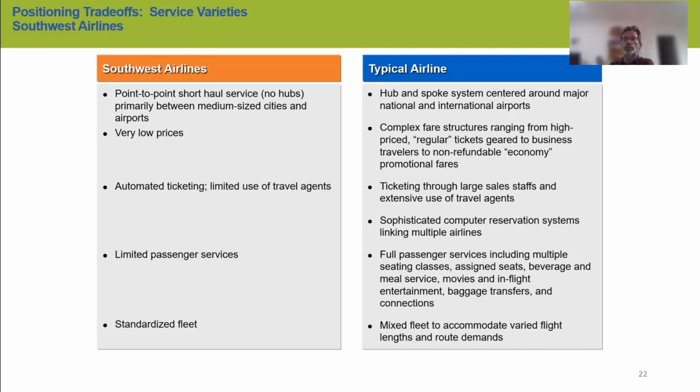Sophisticated computer reservation system linking multiple airlines, because we said that the typical airline also serves as a hub and serves connections. And it offers full passenger services, including multiple seating classes, assigned seats, beverage, meal services, etc. And then it has a mixed fleet to accommodate varied flight lengths and route demands.